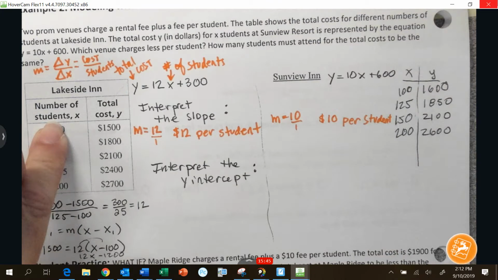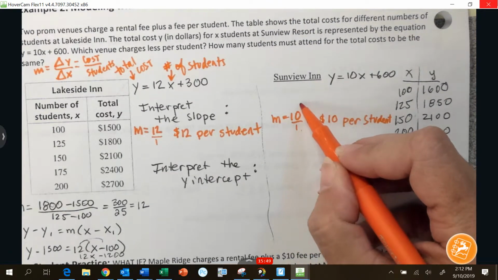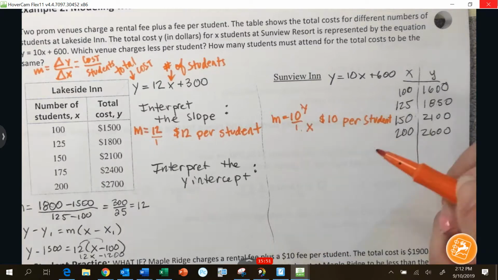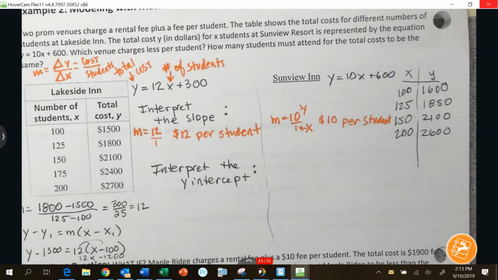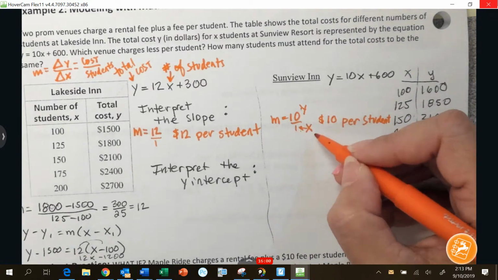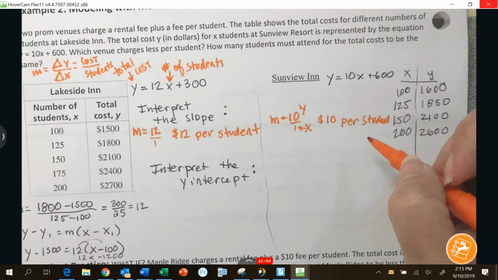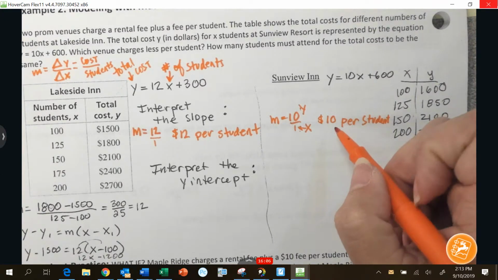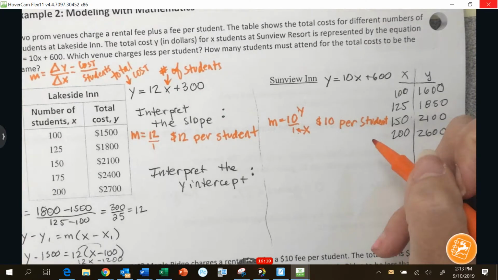Well, I thought x was the student. It is, and y over x is our slope. How many students do I have right now? One. So I'm doing $10 per one student. When we talk about rates, real life application, we usually talk about per one student, like the number 1 on the bottom.